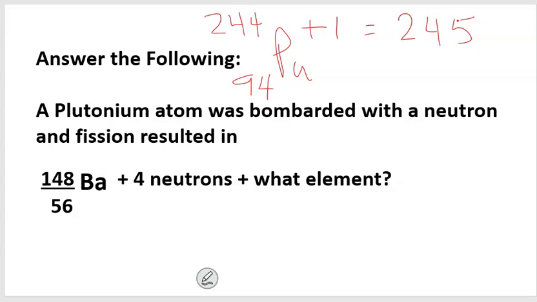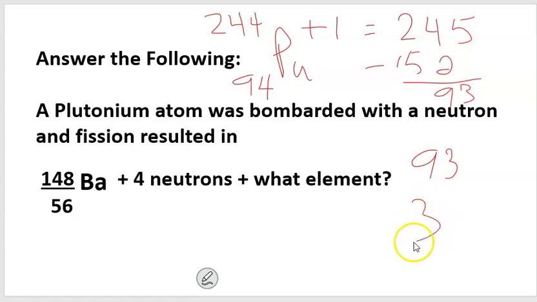All I have to do is subtract 152 from that, and I end up with 93 atomic mass units. So I know the element that I'm going to create is going to have a total mass of 93. Well, how many protons are left? 94 minus 56 is 38.